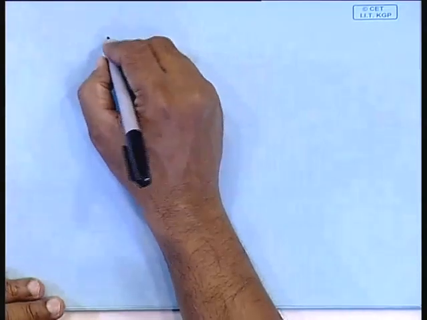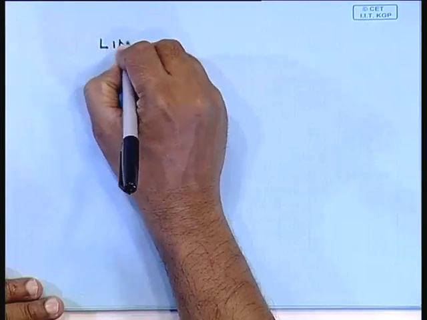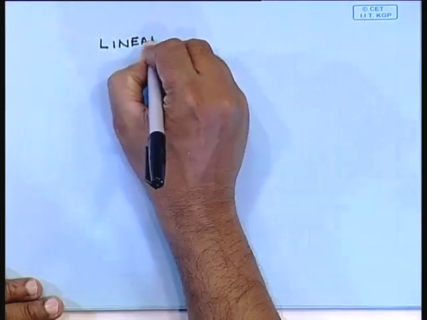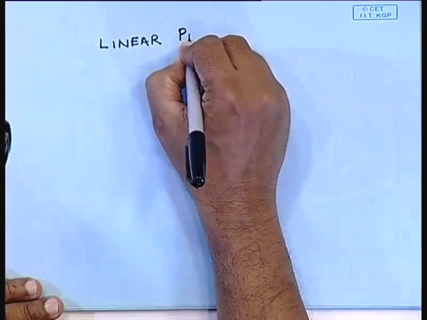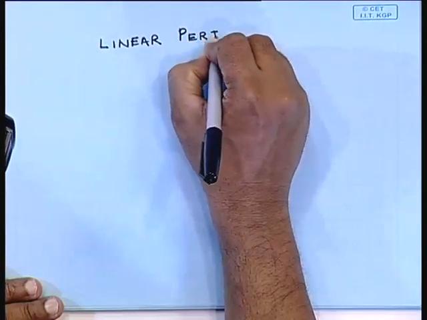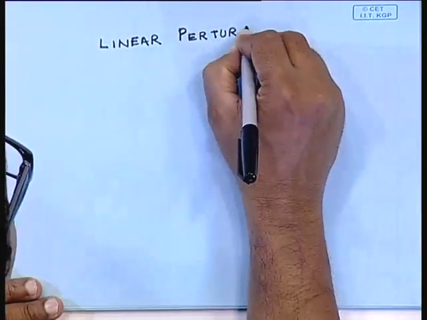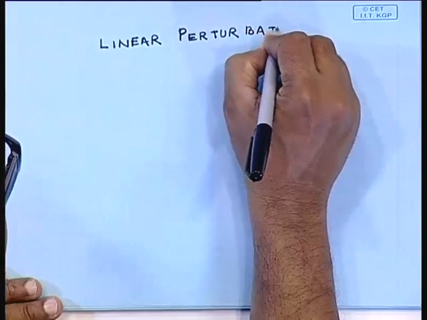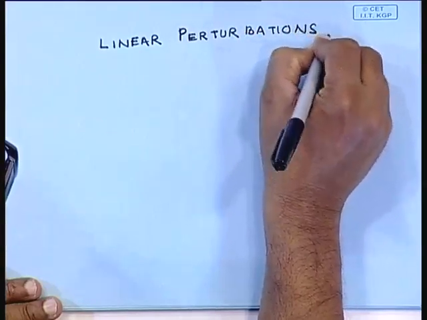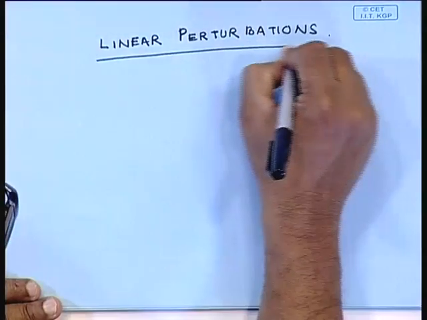So in linear perturbation theory, in an expanding universe, we have three equations.